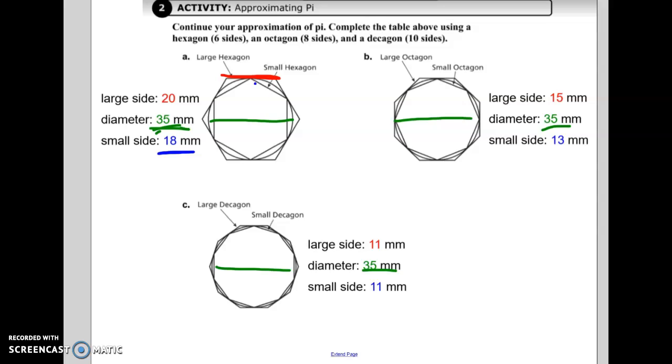So on this 6-sided one, the length of that side is 18. The length of this small one is 13. The length of this small one is 11. And I did the same with the large ones. So I told you the length of this was 20. Now the length of this is 15, and so on.